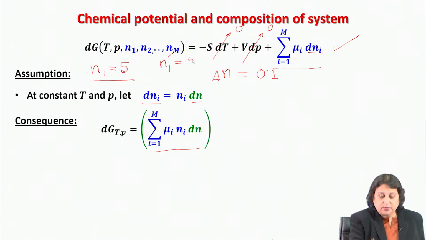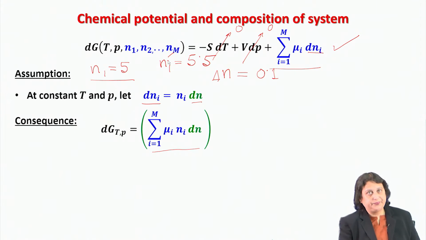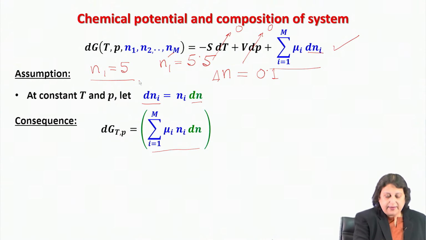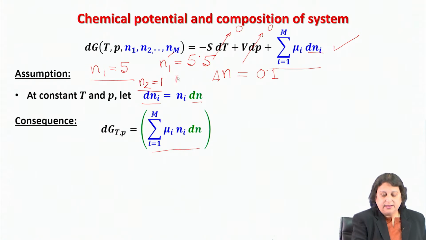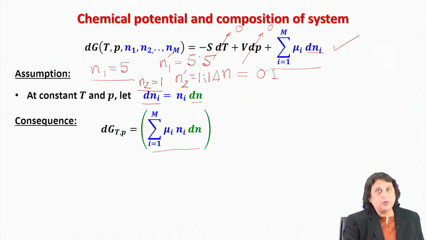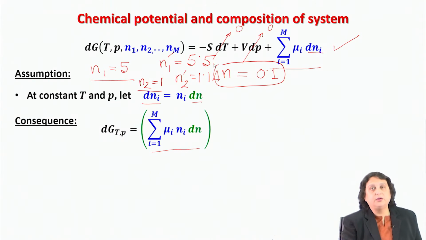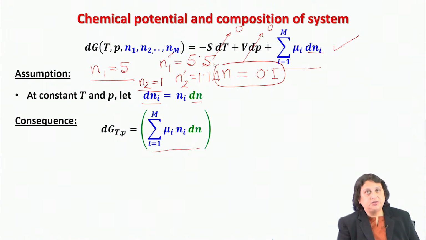So N1 is now going to be 5.5 moles in the new state. If I have N2 equal to 1 mole, then in the new state N2 prime is going to be 1.1. That is because each type is undergoing a change by the same extent.